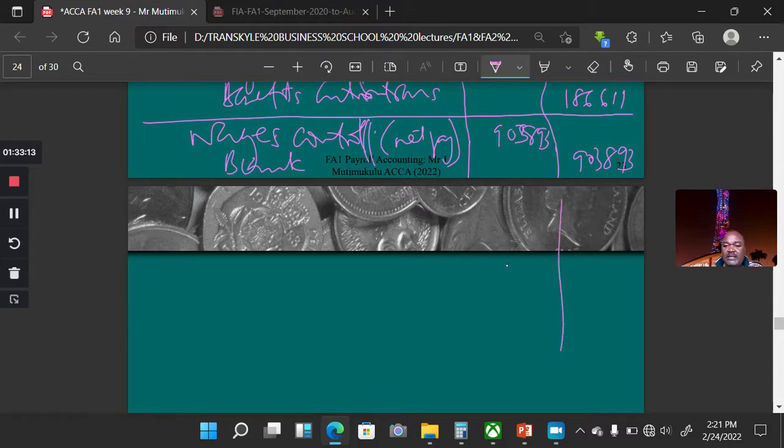Then there's one item from the question, the season ticket loans. We're also going to debit the wages control with the season ticket loan repayments.